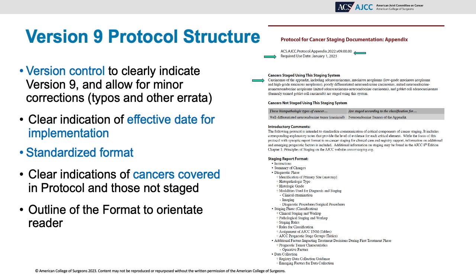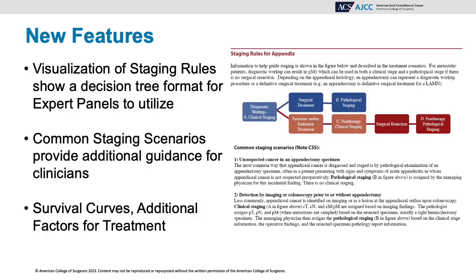The version control will allow for minor corrections when we do this. We will clearly indicate the effective date for when the new system takes place, and everything will be done in a standardized format. There'll be clear indications of the cancers covered in the protocol and those that are not staged. The stage rules will be easier to visualize.